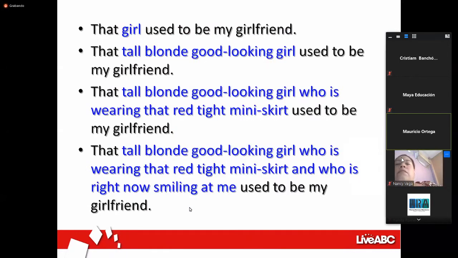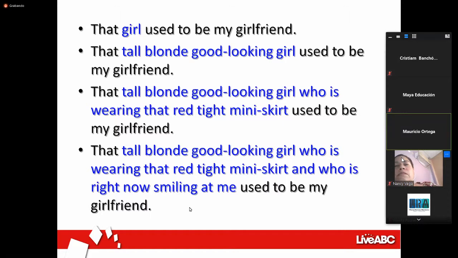What happens if we start working with grammar? Basically speaking, teachers, we can give more information. This is an example that I gave my students many, many years ago when I spoke about relative clauses, about additional information.